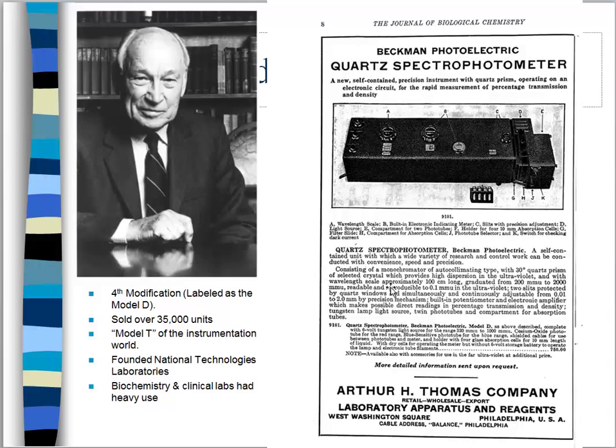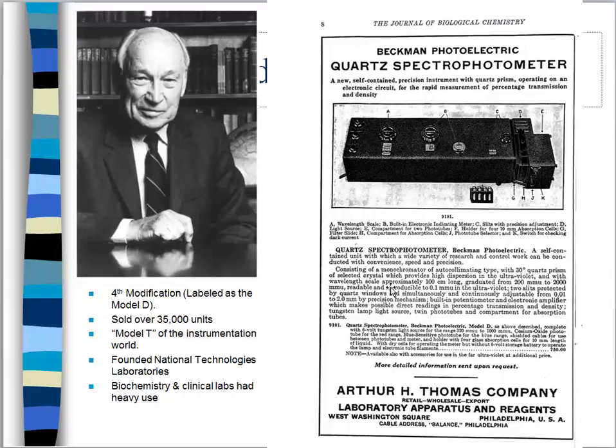They equated this Model D very similar to the Model T. The Model T, though, was for Ford. And this boosted and ballooned up the automobile industry during that time. It was so revolutionary. And with this Model D spectrometer, we kind of give the same respect to this instrument as we do the Model T car.